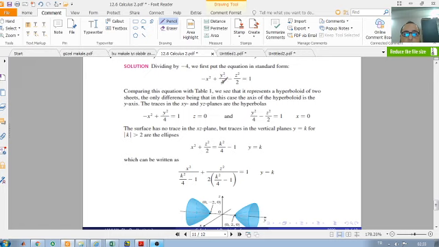If you write 0 for y, you see we will have a negative value for the left side and a positive value for the right side, which cannot be possible. Therefore, we don't have any trace in the xz plane. So, but traces in the vertical planes are ellipses.